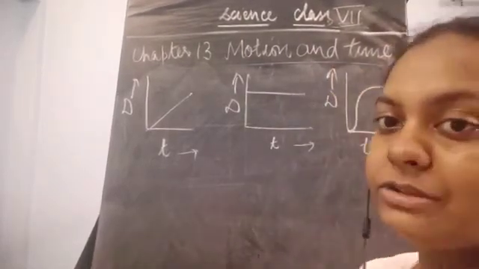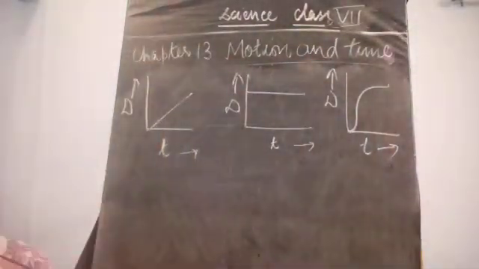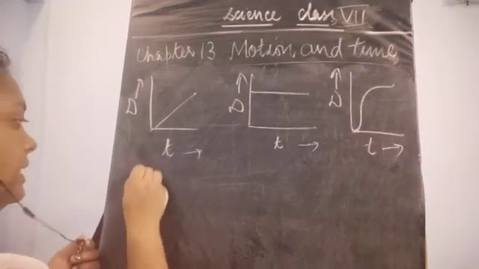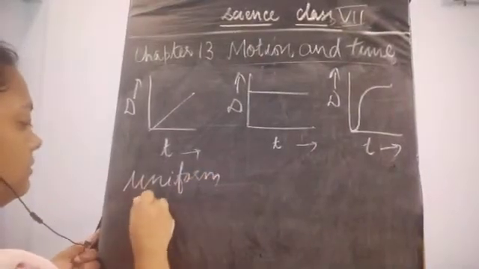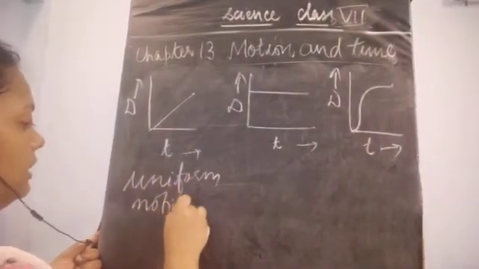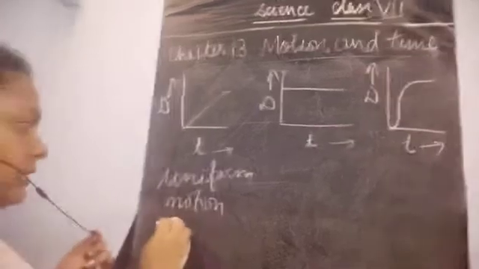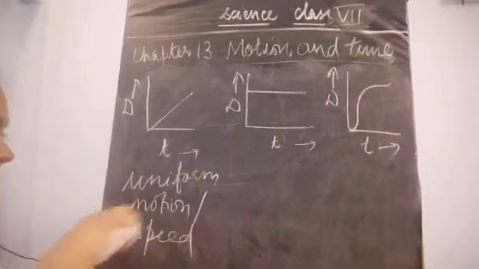So we can get these 3 types of shapes in the distance time graph, please remember. And if we get the first shape, this is said to be uniform motion, okay, and if uniform motion is there, then uniform speed would also be there.